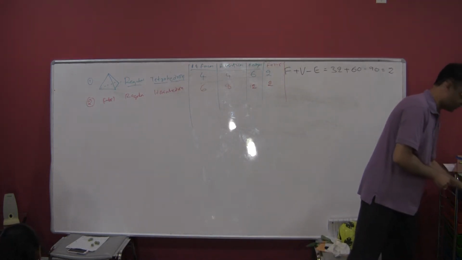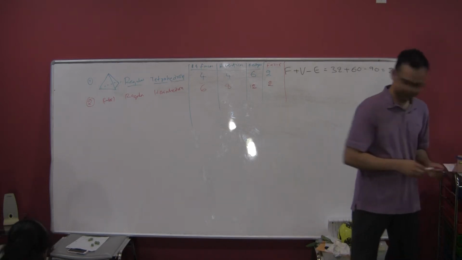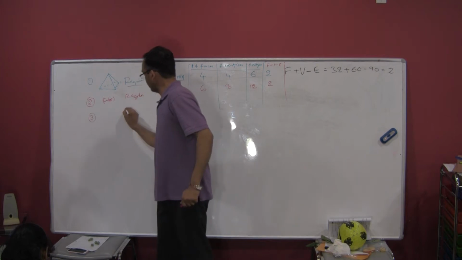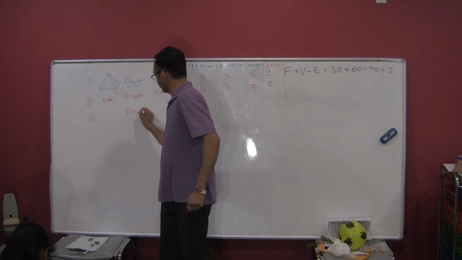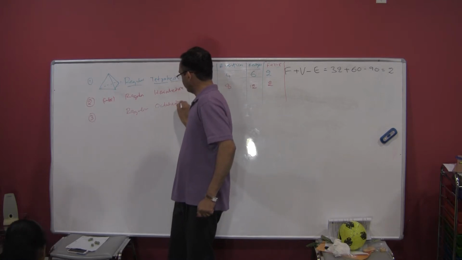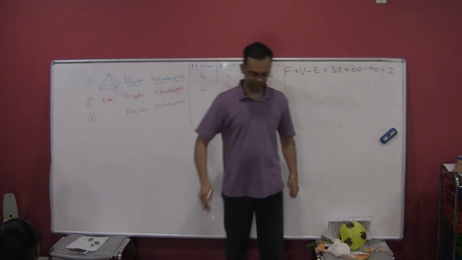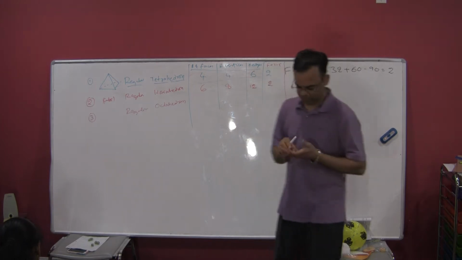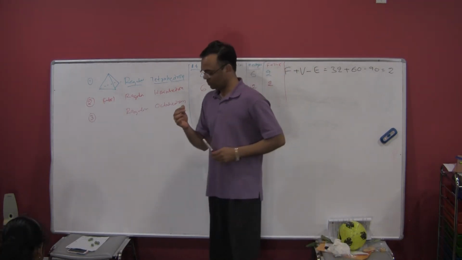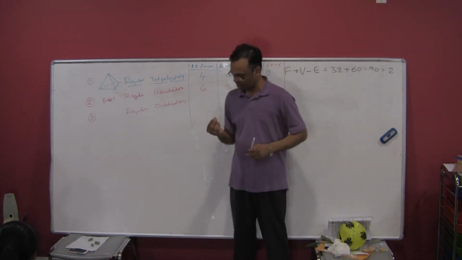I'm so impressed. Octa means 8, 8 faces. Very good. So we just proved that this is a regular polyhedron, and its name is regular octahedron.